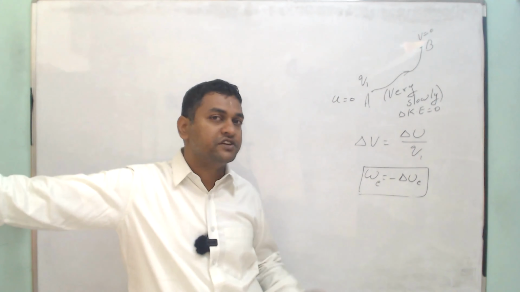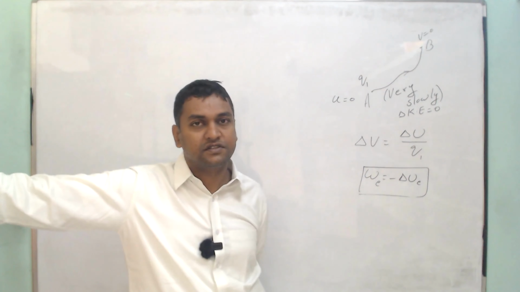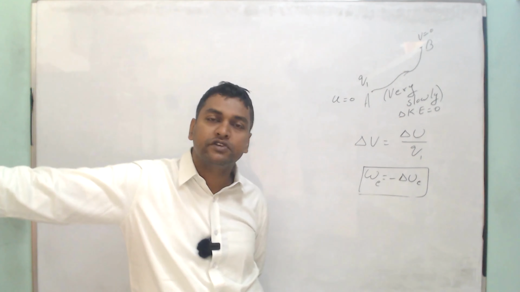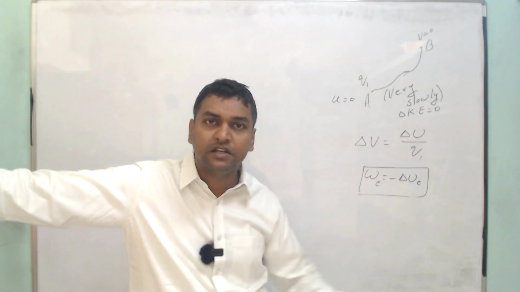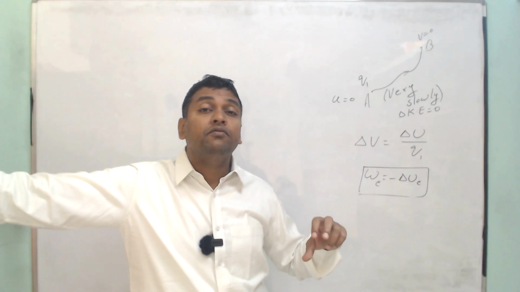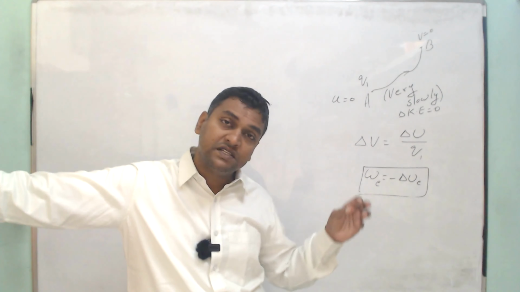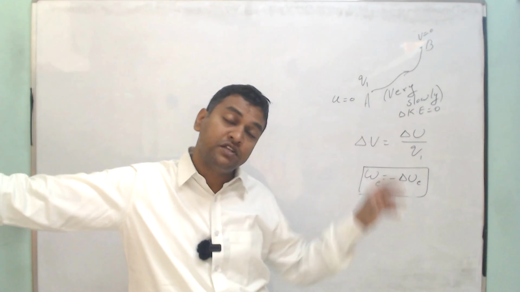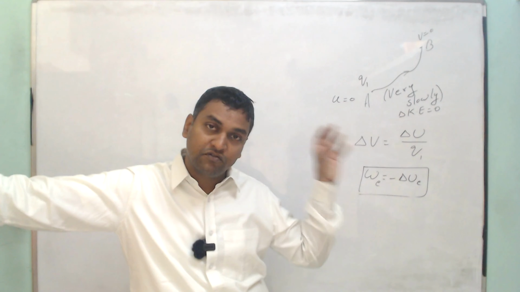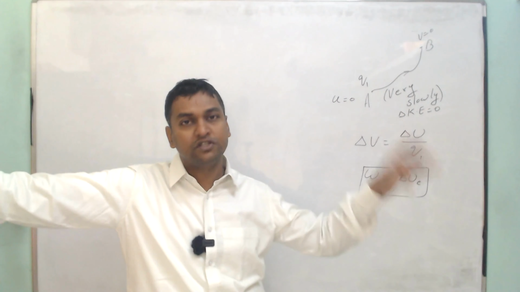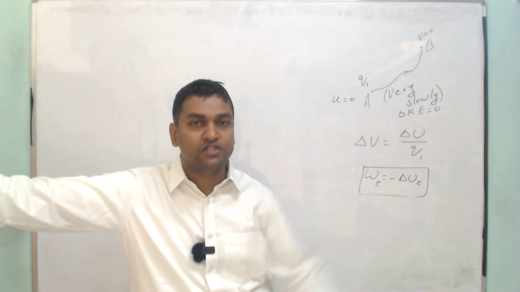Electrostatic, gravitational, magnetic potential, right? So we can have potential energy irrespective of what the force is. It can be gravitational force, electrostatic force, magnetic force, or an external agent applying a force. So basically, we can talk of the potential energy of the external agent, just like electrostatic potential energy.